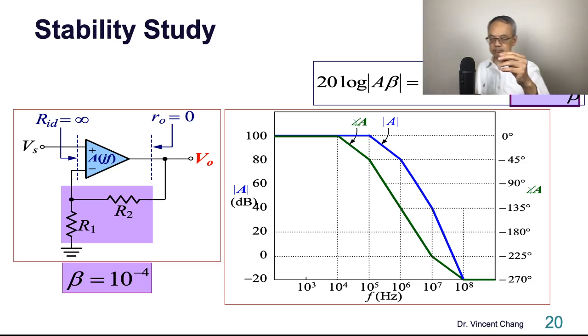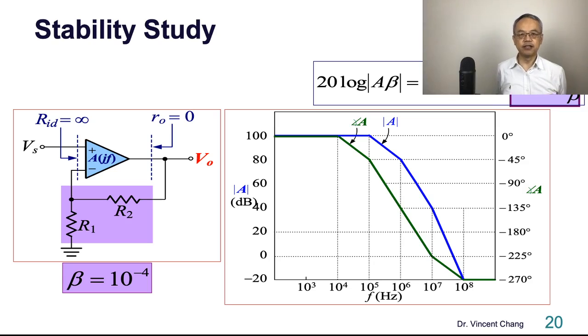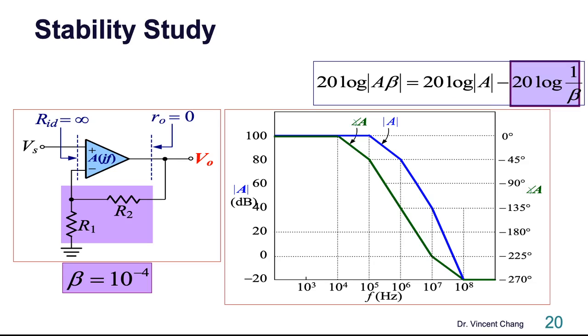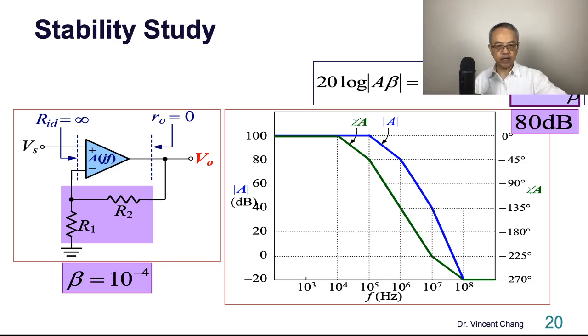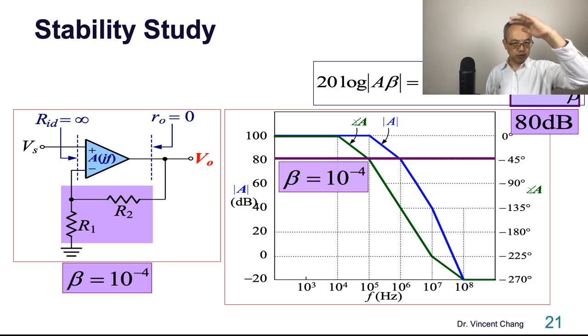Another case. What about 0.0001, 10 to the negative 4 power? And the term is 80 decibel. So the new horizontal line, the new frequency axis, goes up to 80 decibel.